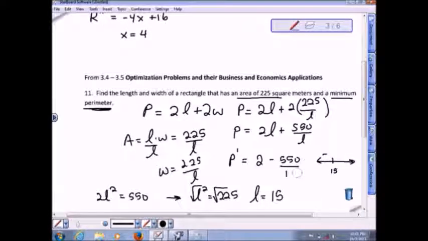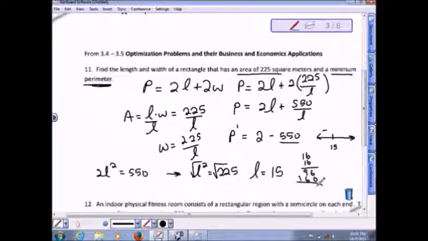Now 16 squared. Let's see, 16 times 16. Looks like that's going to be 256.